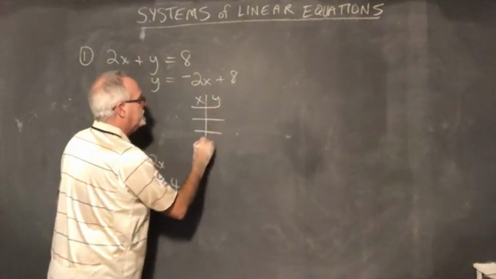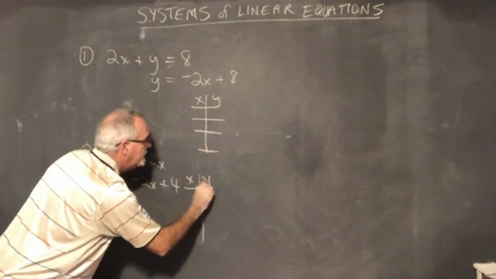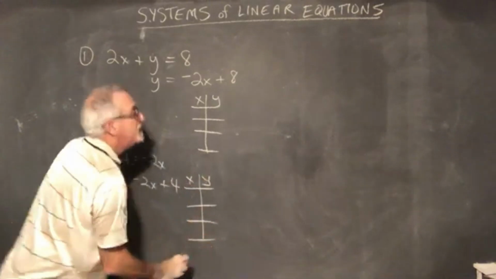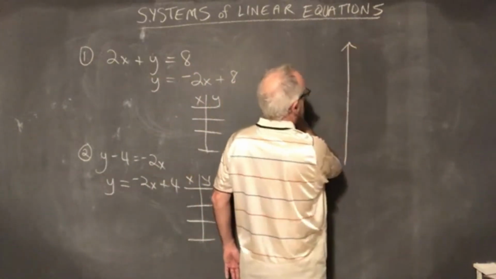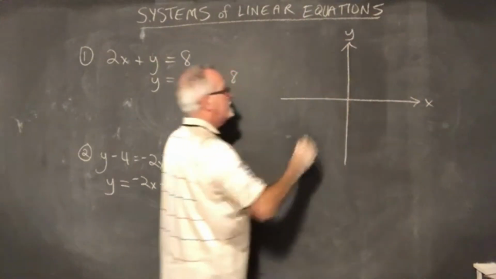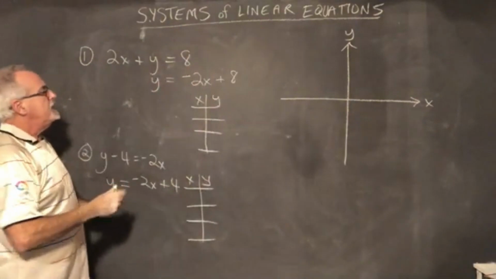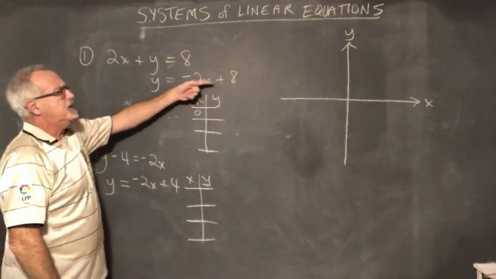Table of values for the first one, table of values for the second one. I'll get my axes in place right away. Label them. I'm ready, let's go. If x is 0, negative 2 times 0 is 0, plus 8 is equal to 8.